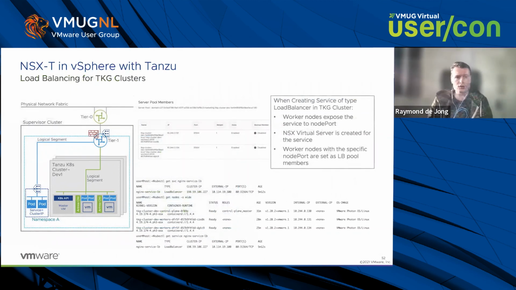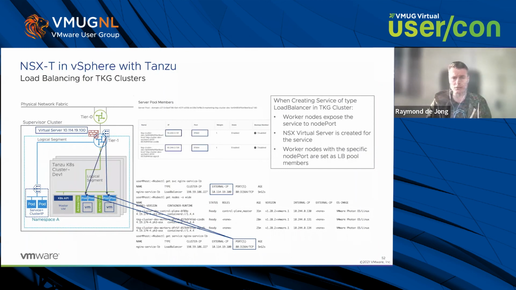For TKG clusters, when you create a service of type load balancer inside a TKG cluster, what happens is that the worker nodes expose the services on the node port, and the external IP will be allocated by NSX-T and will be instantiated as a virtual server attached to the load balancer on the tier 1 gateway of that namespace.